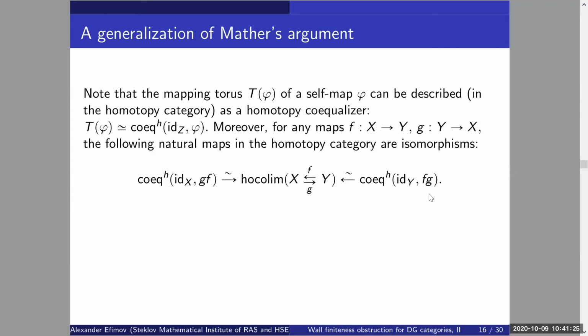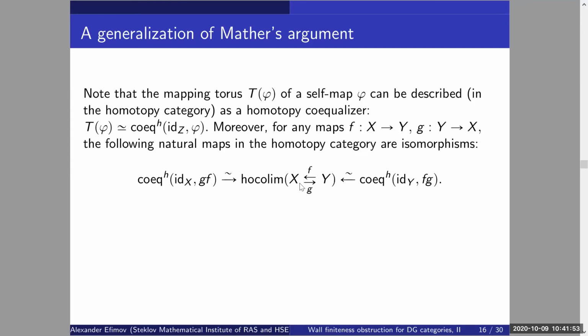Now, if we take any two maps in different directions from x to y and from y to x, then this homotopy equivalence between mapping tori can be expressed as follows. So we have these two co-equalizers, and we also have this homotopy co-limit of this diagram.